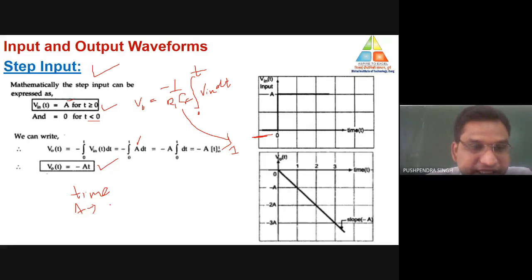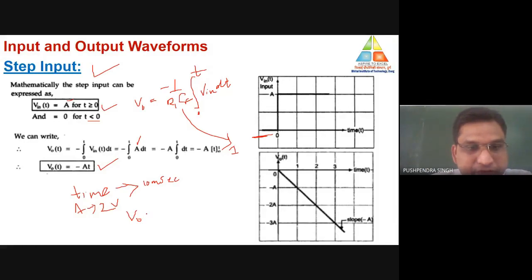So let us assume that the amplitude of the signal is 2 volt and the value of that time period is 10 millisecond. Then what will be the value of output?